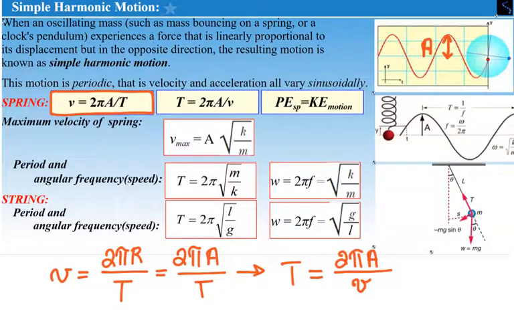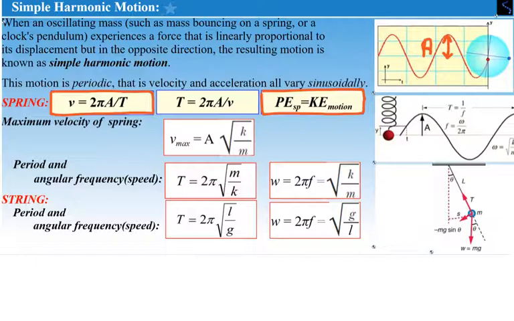You can also say that potential energy of the spring is equal to the kinetic energy of the spring that we used before when we used energy conservation. That means if I say potential energy, which is 1/2 kx squared, and in our case the maximum displacement is the amplitude, so I don't have to say x, I can say A squared is equal to maximum velocity, 1/2 mv squared.